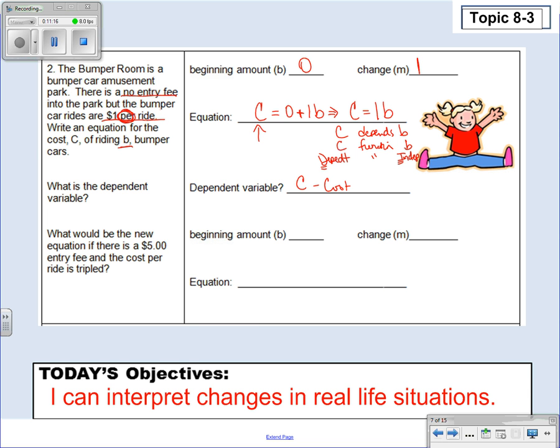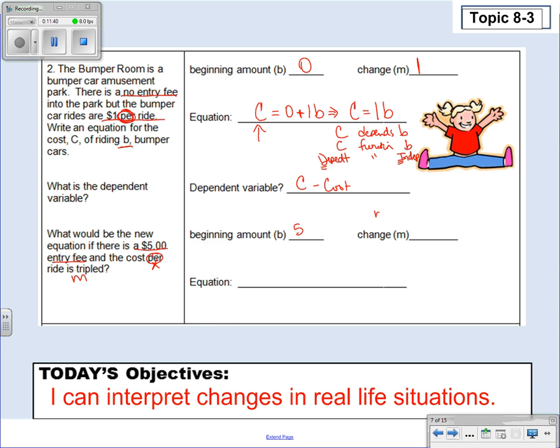Now that we have our original equation, we can now deal with the changes. So what would be the new equation if it is a $5 entry fee and the cost per ride is tripled? So there is a $5 entry fee. That's our new beginning amount. And the cost per ride, there's that per. That means we're dealing with the change, or the M. So M is tripled.